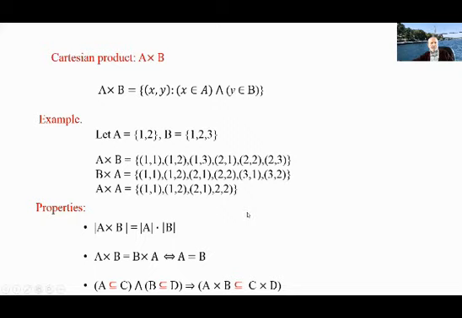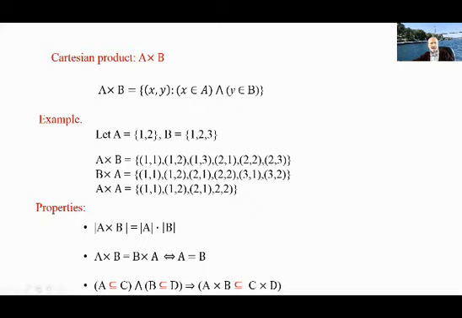Now here are some properties. You notice here we have 2 elements and here 3 elements. The product will be 6: 1, 2, 3, 4, 5, 6. So the size of A times B is the size of A times the size of B. The cardinality of A times B is the cardinality of A times the cardinality of B. Now, if A times B is equal to B times A, then A must be equal to B. Otherwise, they're not equal.